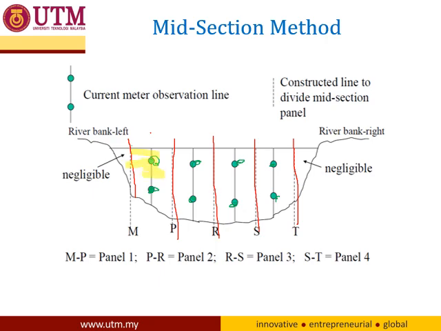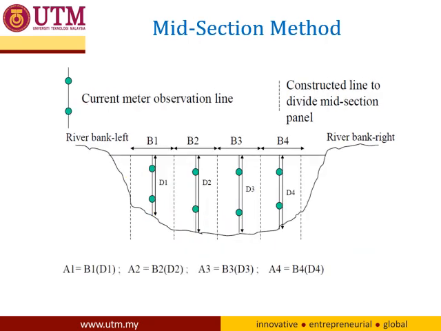This is the cross section area for section MP, and this is the cross section area for section PR, and so on. For each cross section we have a velocity measurement using a current meter. So we have two things: the velocity and the area.